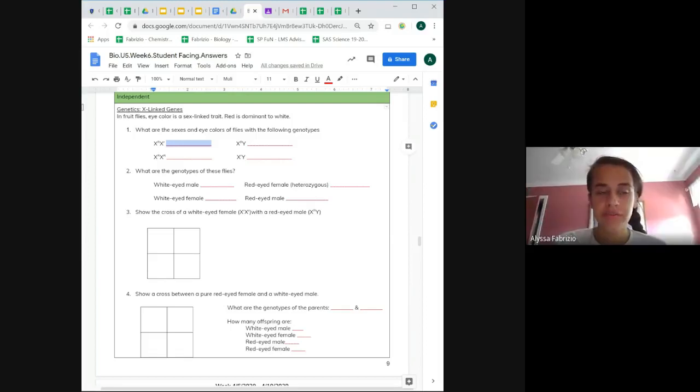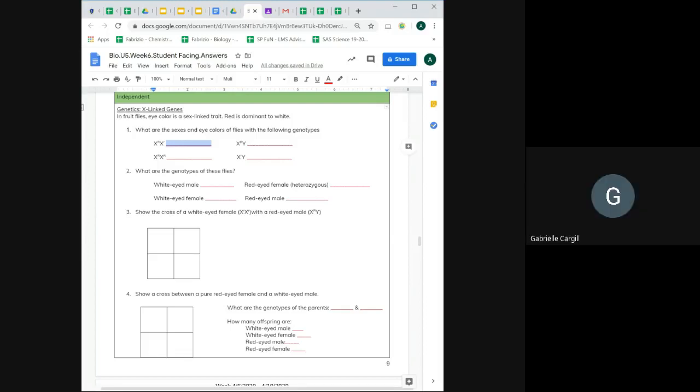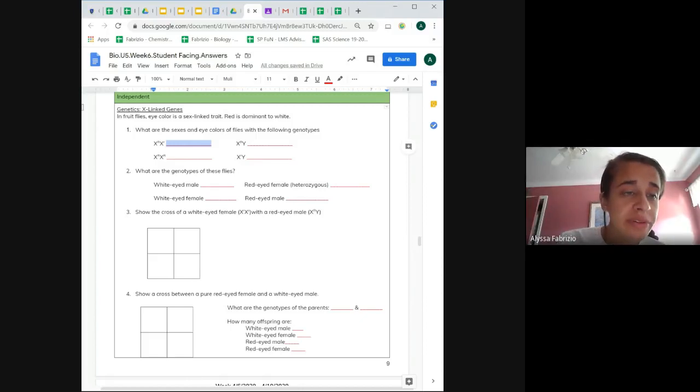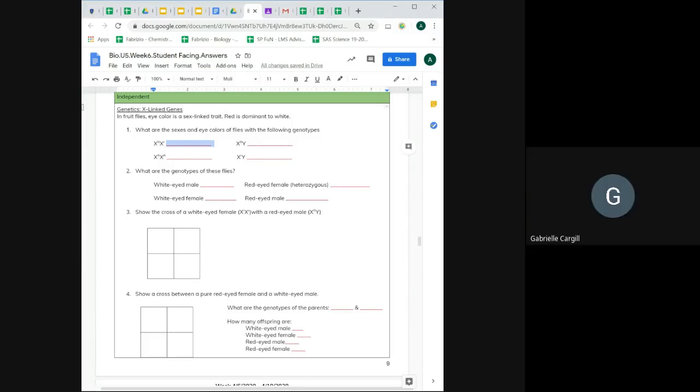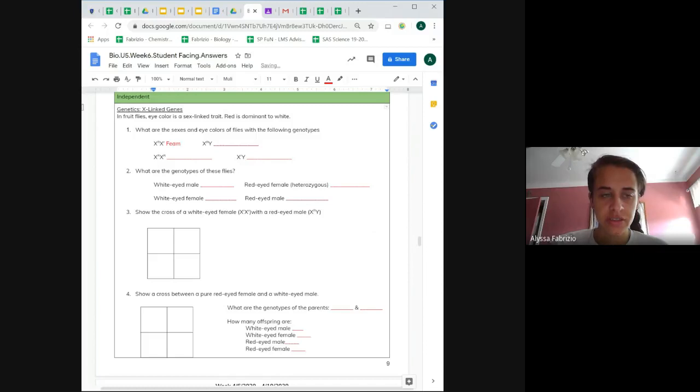We have a capital R and a lowercase r. So first off, let's figure out what sex two X's represent. Is that male or female? That's female. Female, good.